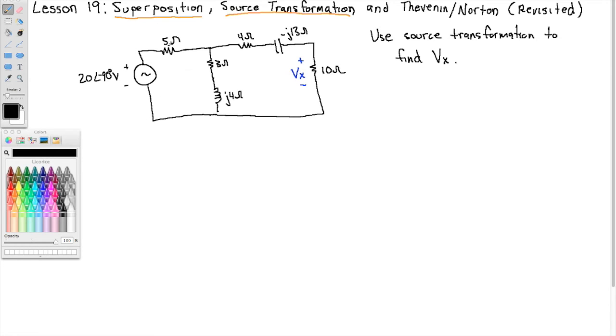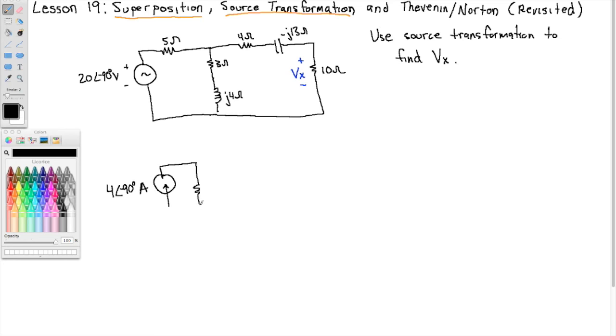As we said, here's our building block, and I can transform that into a current. Here's I, and the I is going to be 20 angle negative 90 degrees divided by 5 ohms, so that makes 4 angle negative 90 degrees amps.